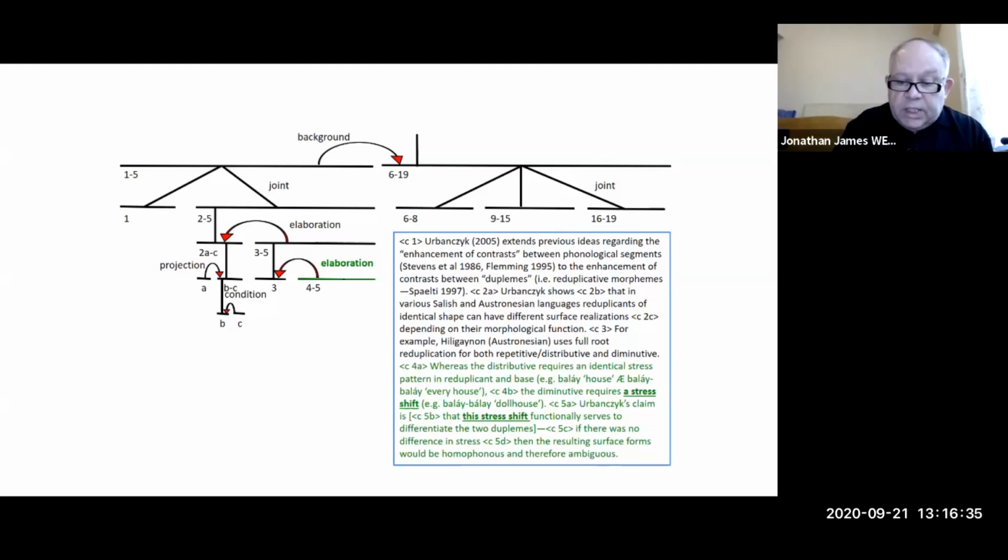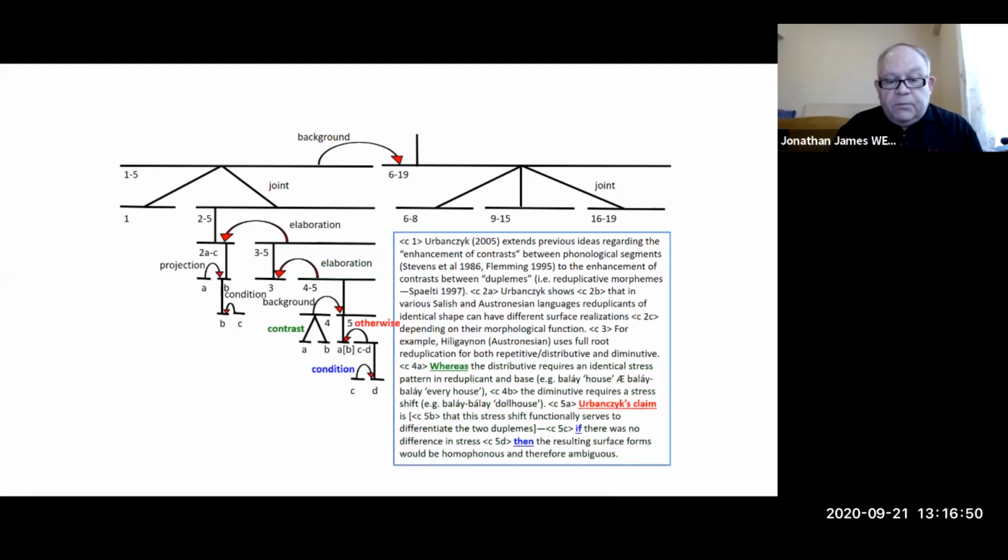Whereas the distributive requires an identical stress pattern in reduplicant and base, the diminutive requires a stress shift. So it is more or less giving you additional information about the two. Now, let's get to 4, all right? 4A, 4B. Whereas, what does whereas describe? It describes the contrast between 4A and 4B.